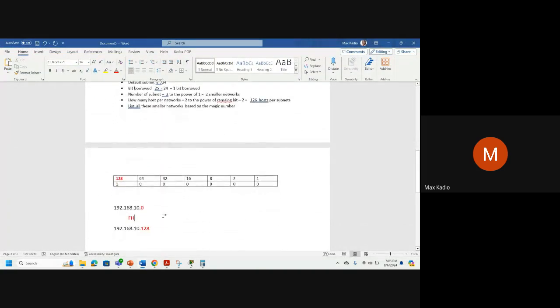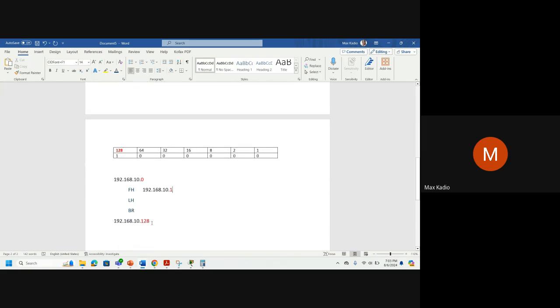So as you know, first valid host, last valid host, broadcast. The first valid host is the network plus 1, as you know. It's 1 here.